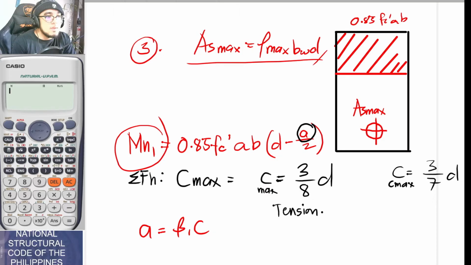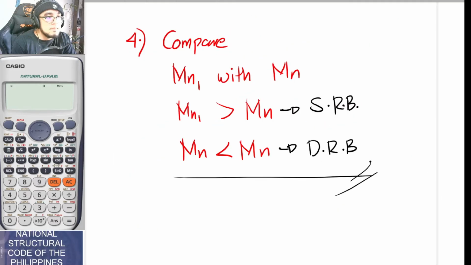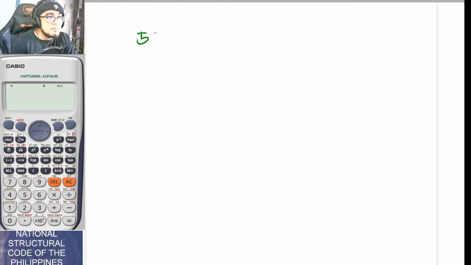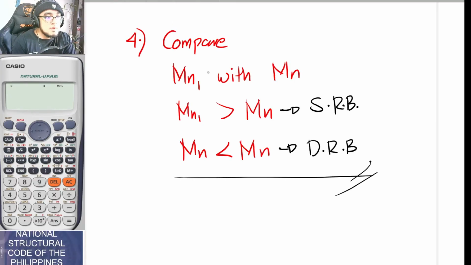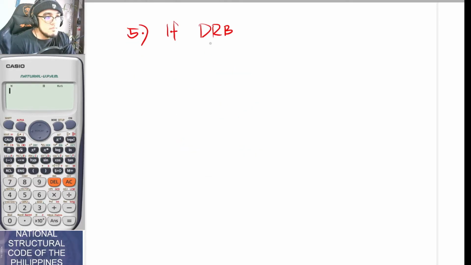Okay, so with that, guys, we are already in step number 5. So step number 5, so change color. Step number 5: if DRB, assuming that your MN1 is less than your MN, you will now solve for MN2.